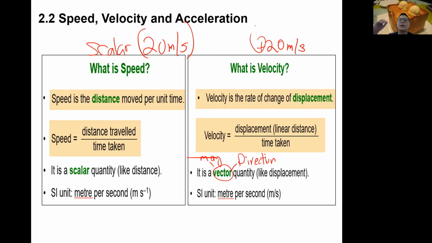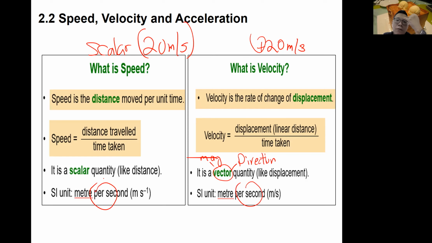It could mean the object is traveling 20 meters per second to the right, or upwards. So the sign, plus or minus, tells us the direction. They give different information, but ultimately the quantity they represent is how fast the object is moving. That's why they both have the same unit, meters per second.